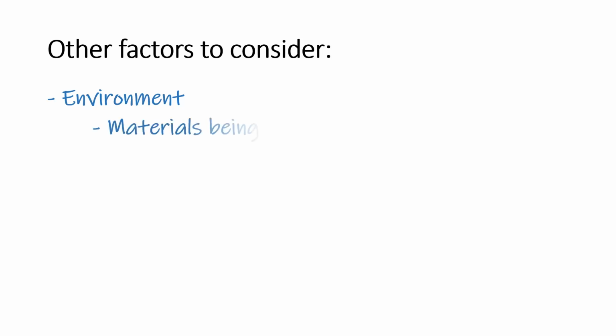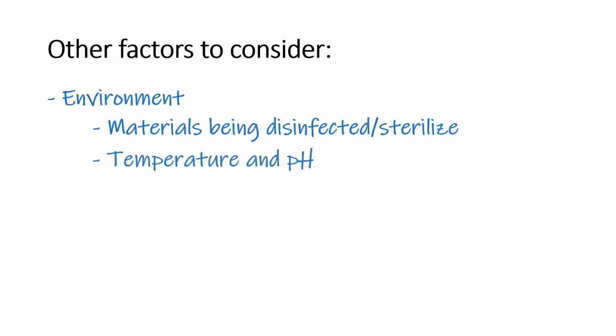Temperature and pH can also influence the effectiveness of some of our disinfection techniques, particularly with our chemical disinfectants. Organic matter like blood, body fluids, and vomit can interfere with disinfection. That is why cleaning is an essential step before disinfection or along with the disinfection process.